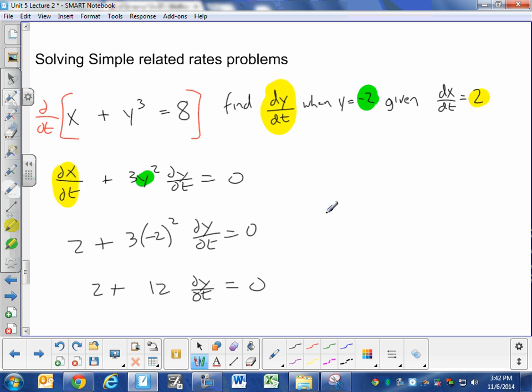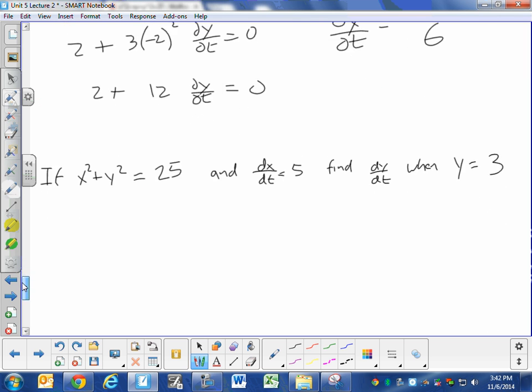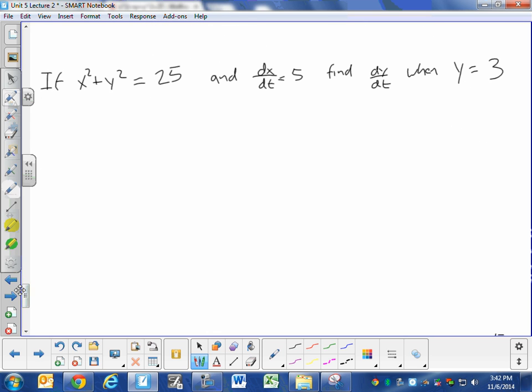Subtract 2 divided by 12, dy dt equals -1/6. All right. Let's do this one. That was easy. This one has an extra element involved in it.